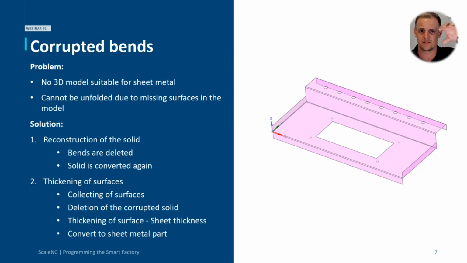I collected the inside face or the outside face, it depends on where you want to start, deleted the solid model, thickened up in the right direction and with regards to the thickness, again into a solid file, and then I could also use the convert tool, created the sheet metal part out of it, and I was able to unfold the 3D model into a 2D file, and then from there on I can go on with any additional steps technology-wise.